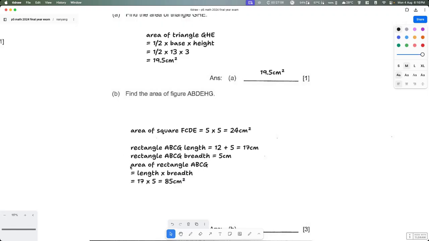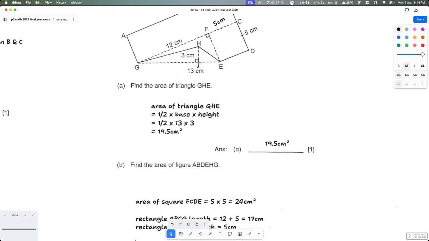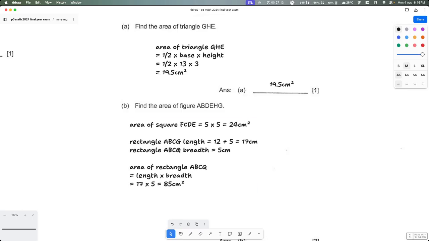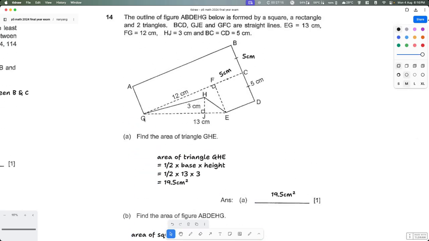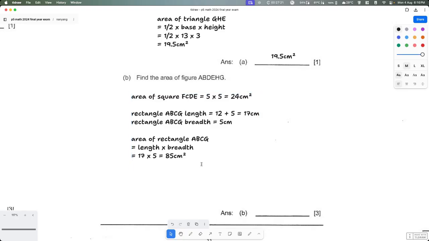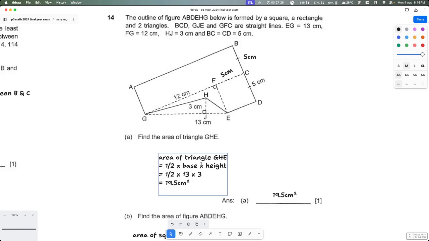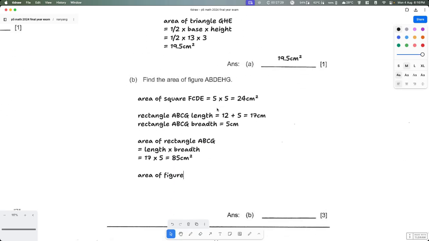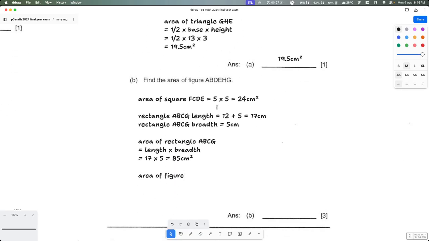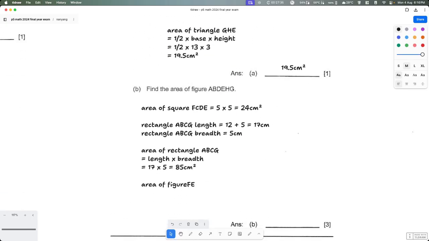Right, so we know the area of the rectangle ABCG. Okay, last one, we want to get the area of figure FEHG.